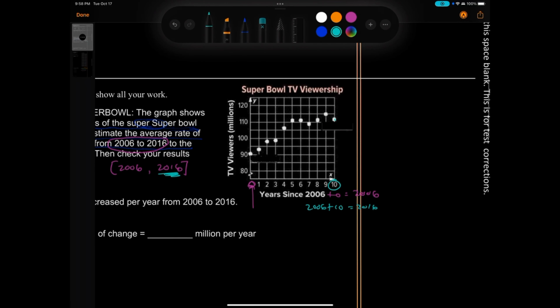So I want this number here, which I'm going to estimate to be an x value of 10, comma. So you just go up here and then do your best over there. So that's probably 115, so maybe like 112. And then this value, just go up. So I'm going to guess this value is going to be 0, comma 90.